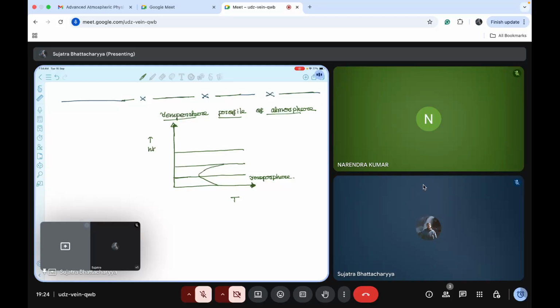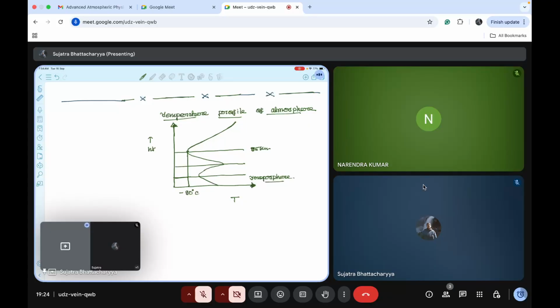This is the stratosphere. After the stratosphere, it decreases much to the left, that is towards lower temperature, and then it starts increasing and continues to increase. This region is almost near 85 to 90 kilometers, where the temperature is the minimum in the atmosphere, about minus 90 degrees Celsius.